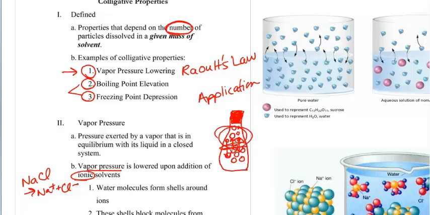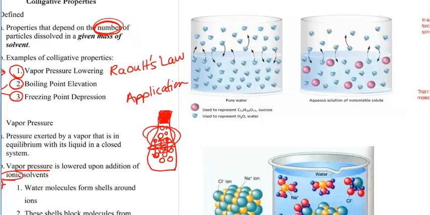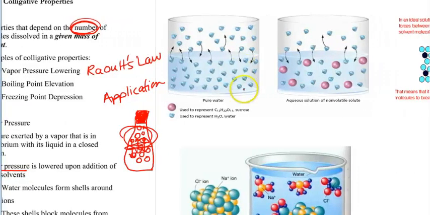And so really it's based off of how many ions you're adding, and that is why we say the number. The more ions you have in your solvent, the more it's going to affect the vapor pressure. So let me visually show you over here what I mean by that. Here we have pure water, as I was showing you over here, but this was in a closed system.